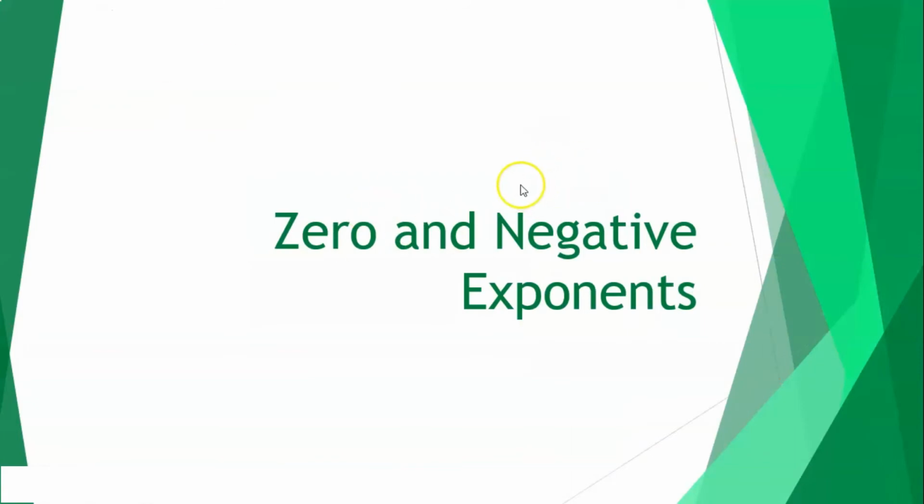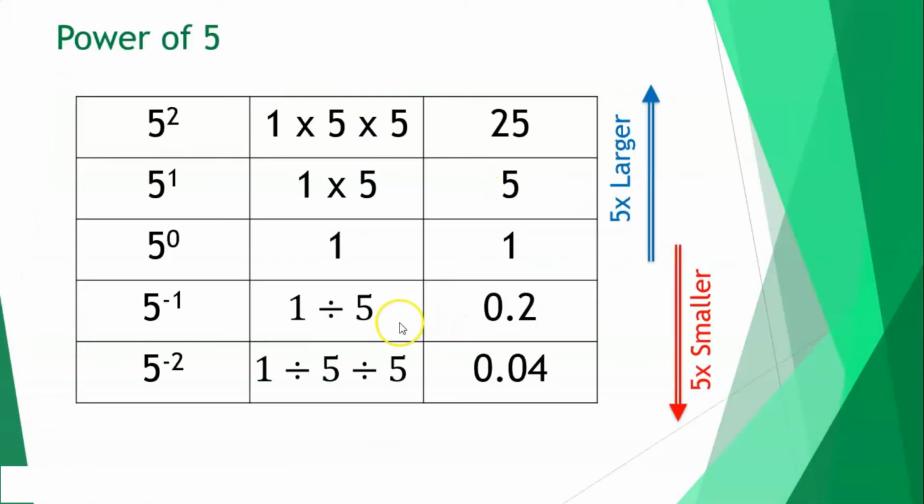Okay, now let's have 0 and negative exponents. Take note, any number raised to 0 is always 1. 5 to the power of 1, that's 5. 5 squared is 25, and so on. When you go down, 5 to the negative 1, it's 0.2, or that's 1 over 5.